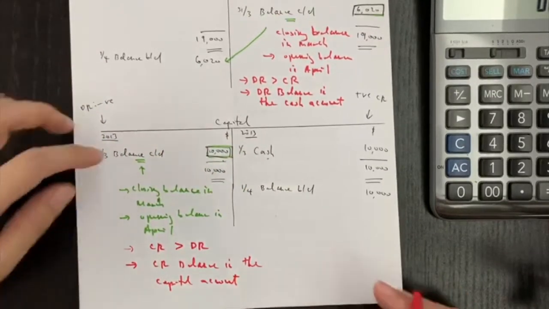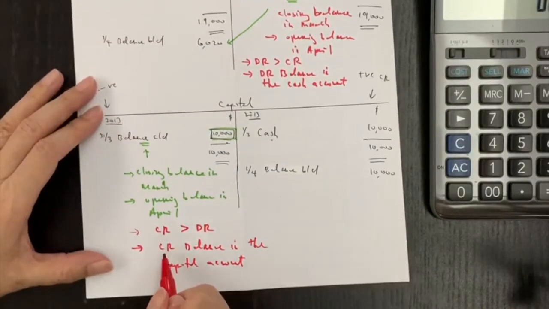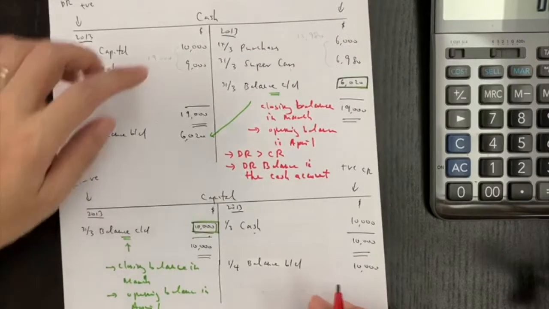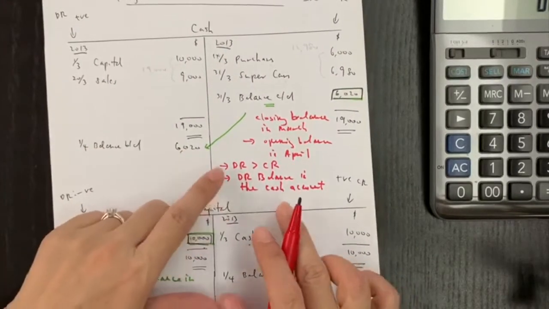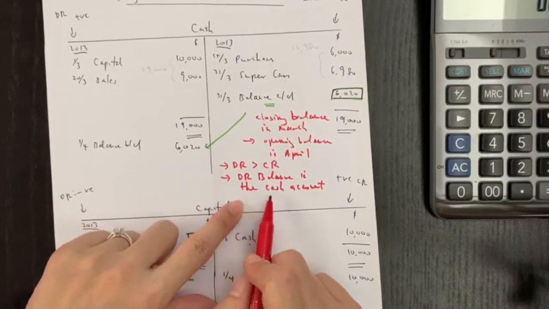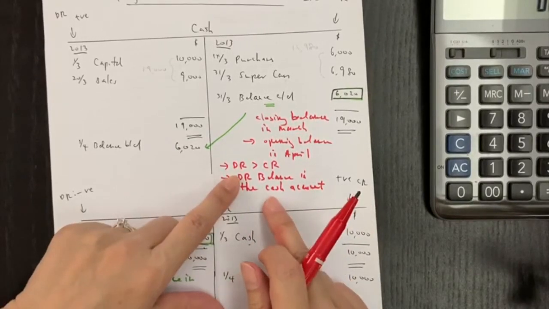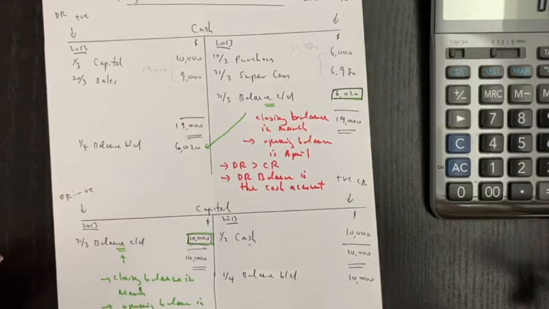All right, so therefore capital has a credit balance, which means credit side is bigger. However, for cash, in this situation, the debit side is bigger than the credit side. So we say that there is a debit balance in the cash account.